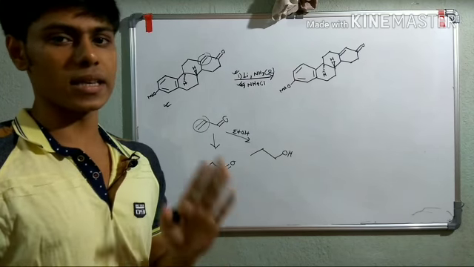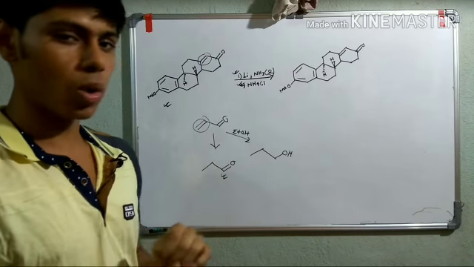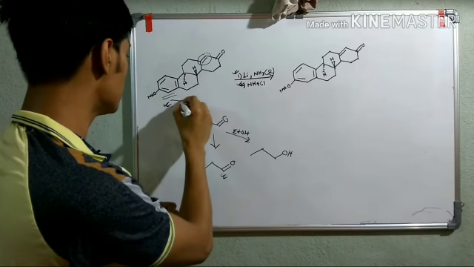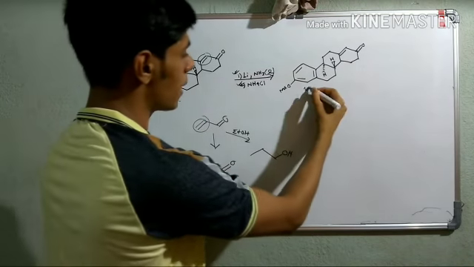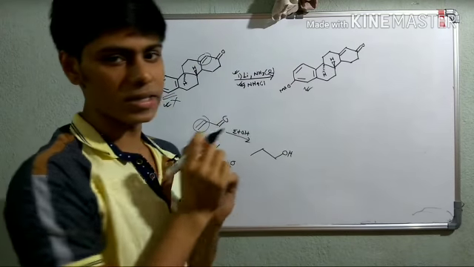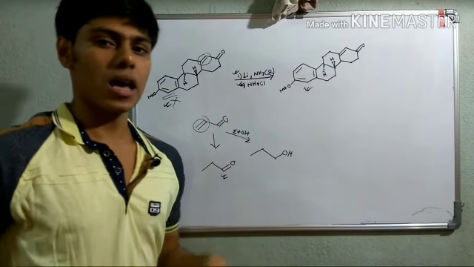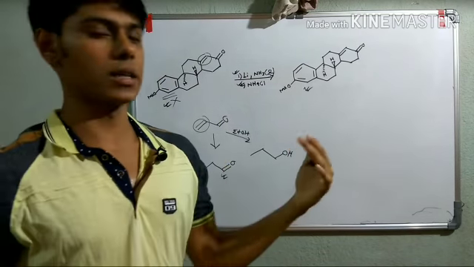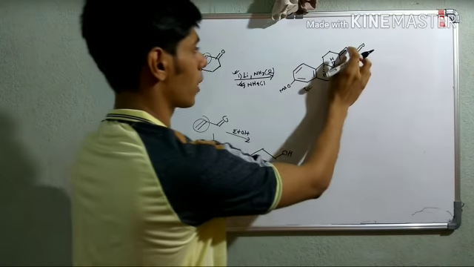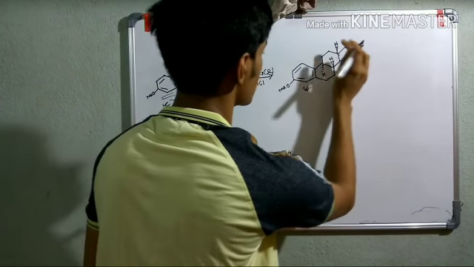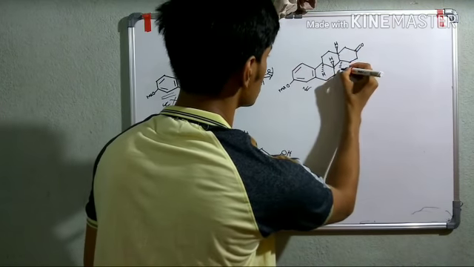It needs ethanol, and as ethanol is not there, this ring will be unaffected. So it will be as it is, only the double bond is reduced, and in this case the reduction is stereoselective, that is, you will get only one product, where this hydrogen will be upward and this will be lower.